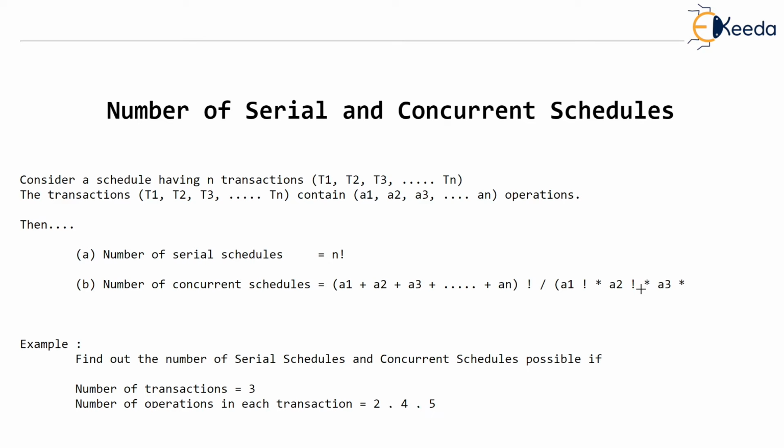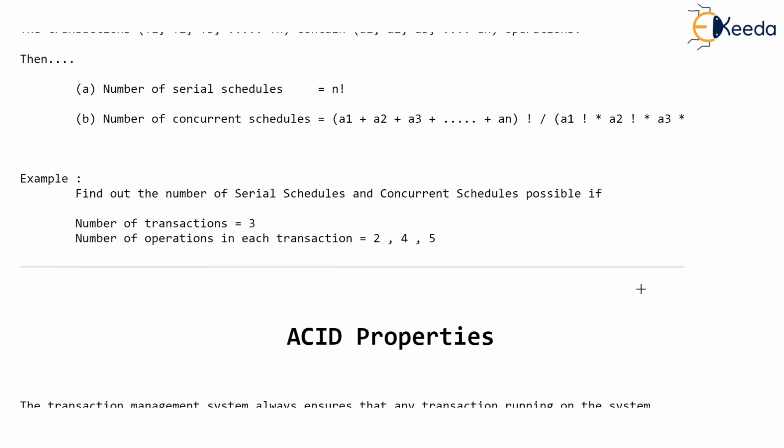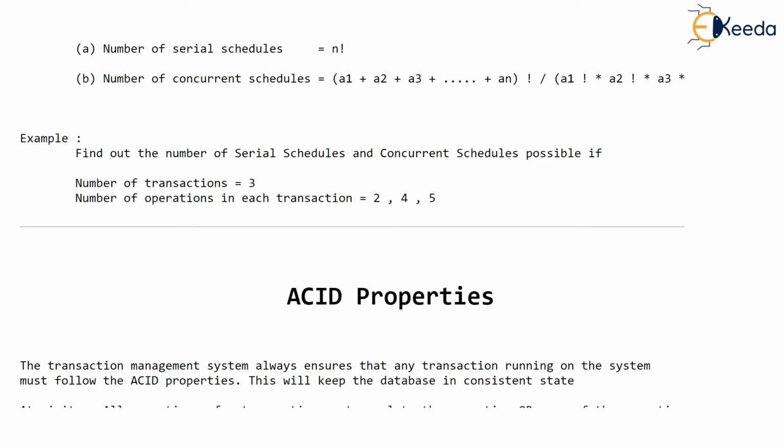Now let's solve an example. Here we have been asked to find out the number of serial schedules and concurrent schedules if the number of transactions is 3 and the number of operations in each transaction is 2, 4, 5. That means T1 has 2 operations, T2 has 4 operations, and T3 has 5 operations.